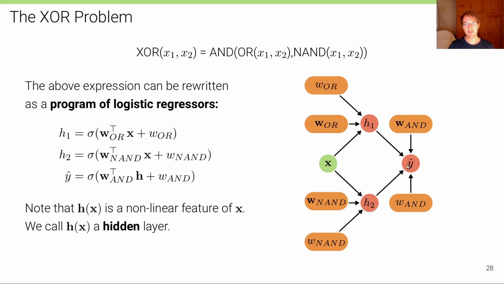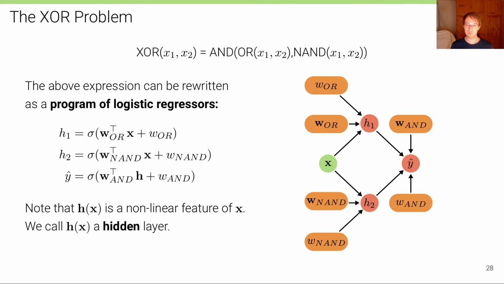And then these two H's input to Y hat. And for all of them, we have, of course, the parameters here in orange. We have the ones for H1, which are the parameters for the OR operation, the parameters for the NAND operation, and the parameters for the AND operation. So again, note that H is a nonlinear feature of X because we have passed it through this nonlinearity. And we call H a hidden layer.